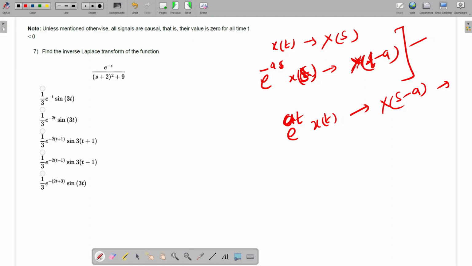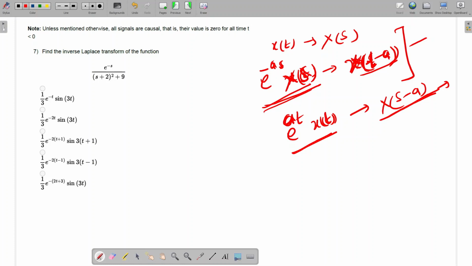Is it correct? x of t minus t naught has Laplace transform e to the power minus as into X(s), and e to the power at into x(t) has Laplace transform X of s minus a. Here it is the time domain with small x, and here it is the s domain, capital X(s). So x of t minus a will be e to the power minus as into X(s), and e to the power at into x(t) has Laplace transform X of s minus a. Is it clear now?